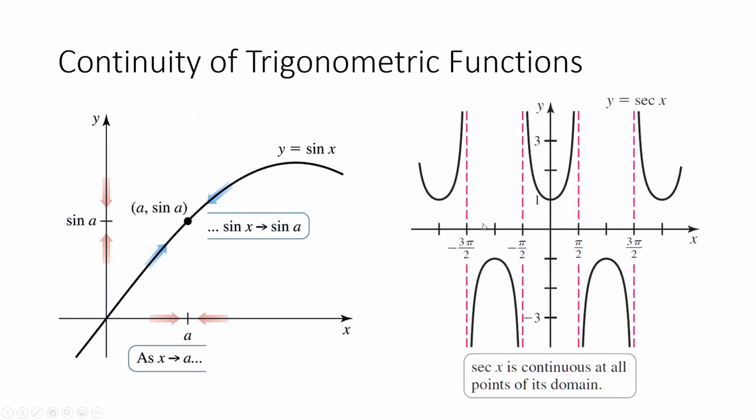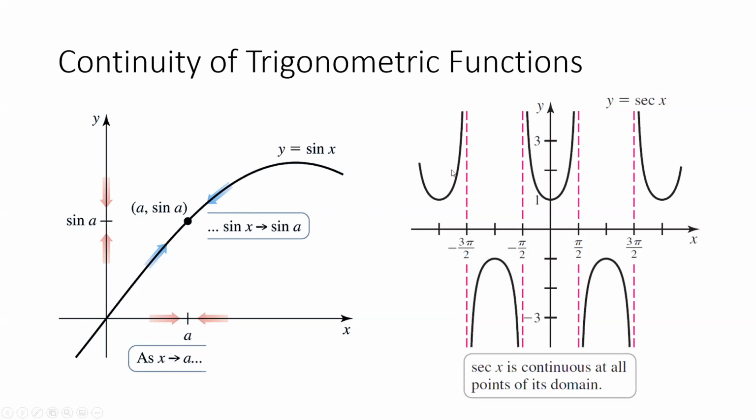And here we're looking at the continuity of trigonometric functions, which is somewhat straightforward if we think about the way we've looked at the sine and the cosine graph, right? Those are always continuous for all x.